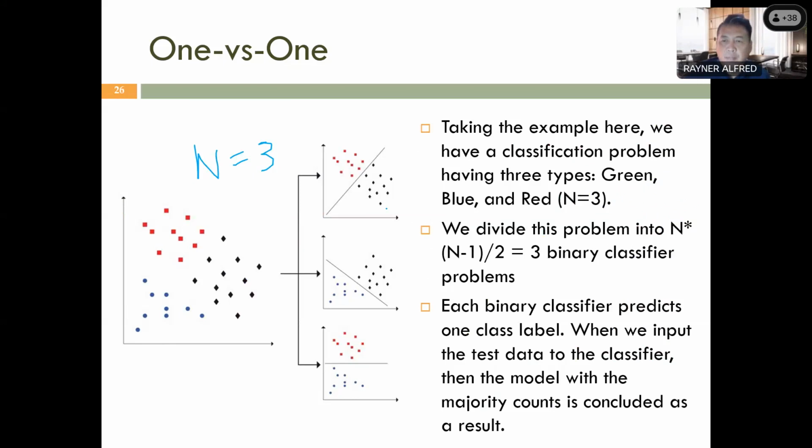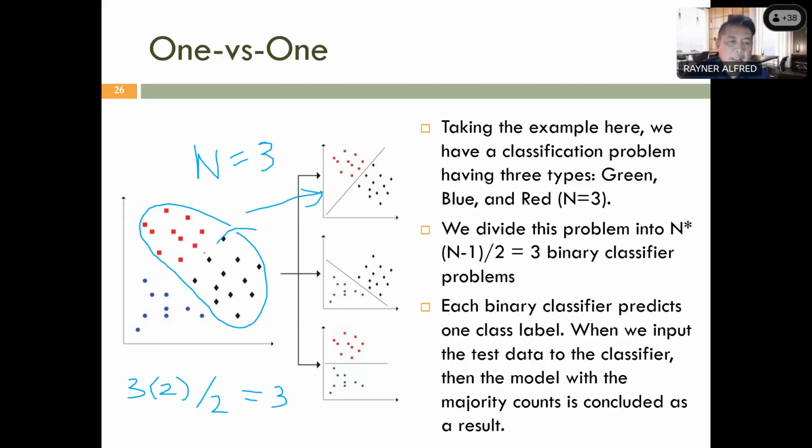Okay? So we should have 3 times 2 divided by 2, so we should have 3 models. What happened here is that we take the blue one, so we do this one first, then we get this.